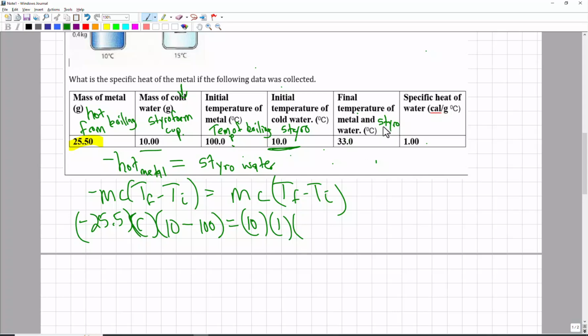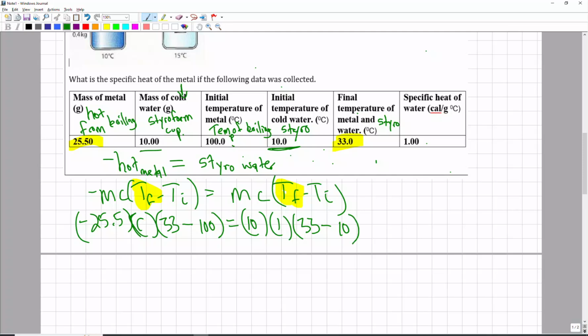Final temperature of the water mixture is, I used the wrong number here, okay? The final temperature has to be the same for both of them. So I used the wrong number. 33, okay? So this is going to be 33 minus the initial temperature of the cold water, which is 10.